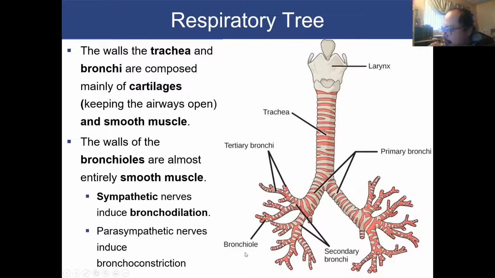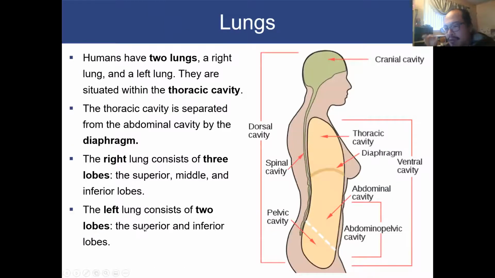These lobes are separated by physical separation. They are not just connected, but provided by different branches of the bronchial. They are physically separated. We will look at that. So the right lung has 3 lobes, the left lung has 2 lobes.